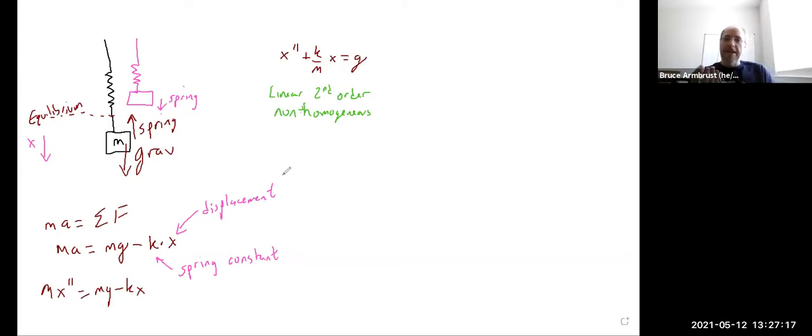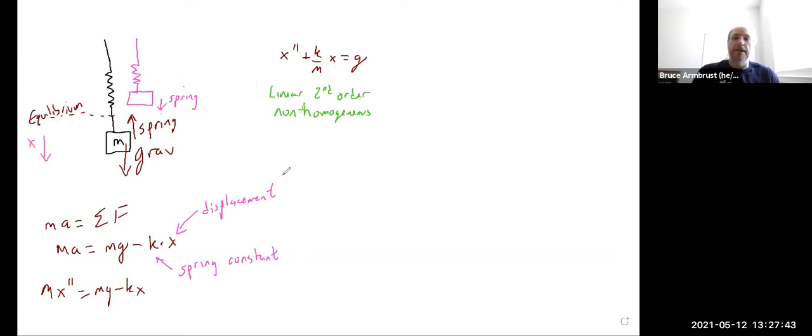equation. So something just as simple, and this is simple, right? I've got a mass on a spring, I'm pulling it down, I'm letting it go, and that leads to a second order non-homogeneous linear differential equation. Okay, so let's actually solve this with the k's and the m's and the g's and all that.